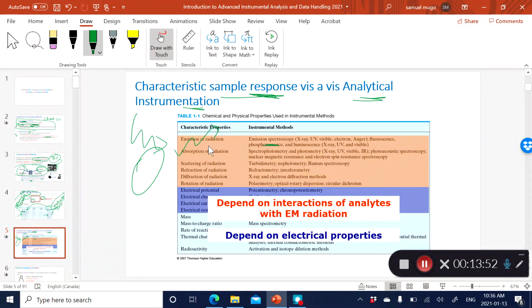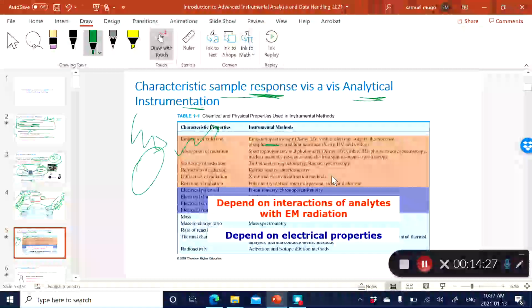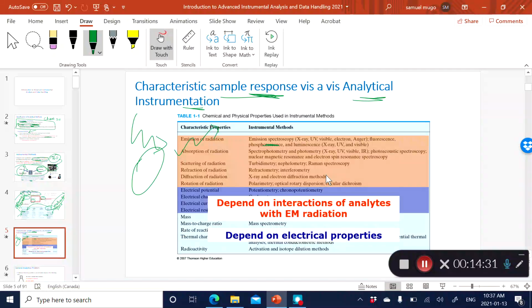Now, other kinds of characteristics can ensue: refraction, where the light can be bent, and that is the nature of an instrumental method. Also, things like diffraction can happen, where light is split into its component wavelengths, and the instrumental method that you get can be something like X-ray diffraction, which is used to analyze the crystal lattice structures of geological materials and so on.